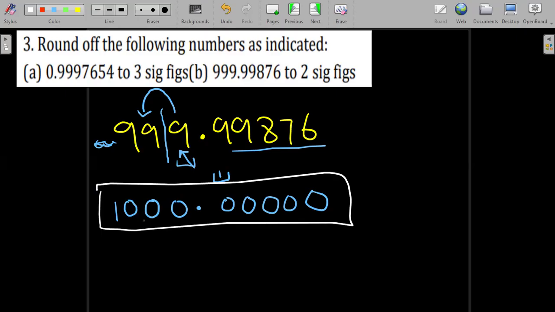So how do we make that number have two significant figures? We are going to simply express this number in scientific notation. So what we are going to do is move this point 1, 2, 3 times. So it's going to come there. So this means it will be 1.000, these first 3 zeros, and then we have these 5 zeros here that I'm also going to write like that.